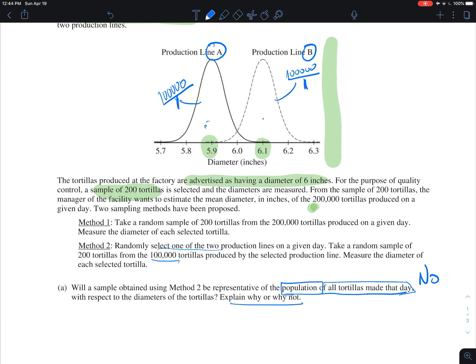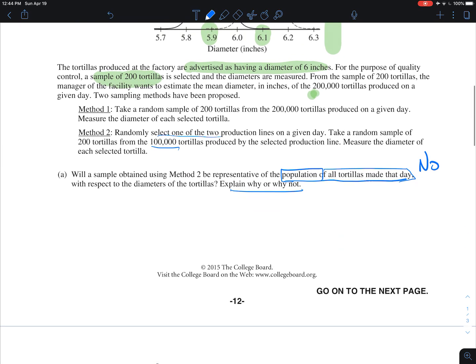So as far as your explanation goes as to why, you're only selecting one production line. Something to that effect. Not selecting from all 200,000, you're only selecting from the 100,000 from that production line. So something a little bit more eloquent than that.